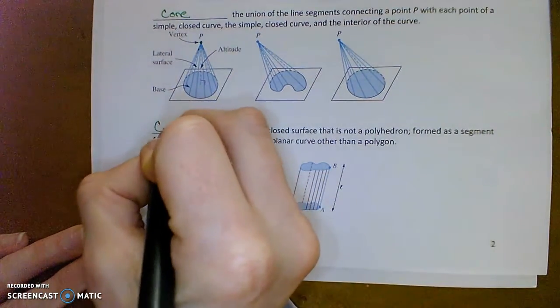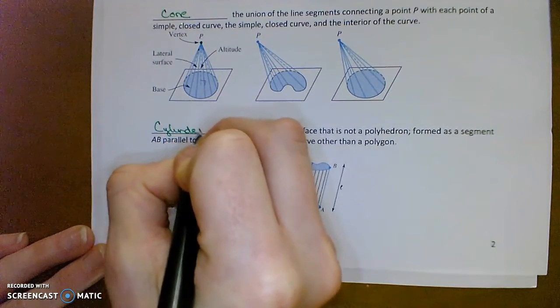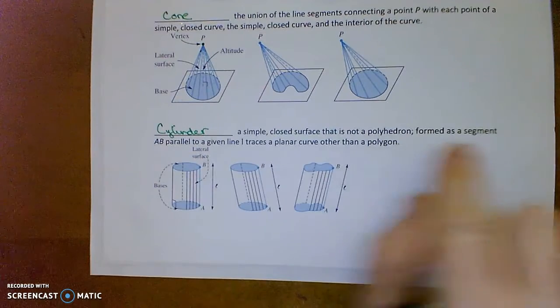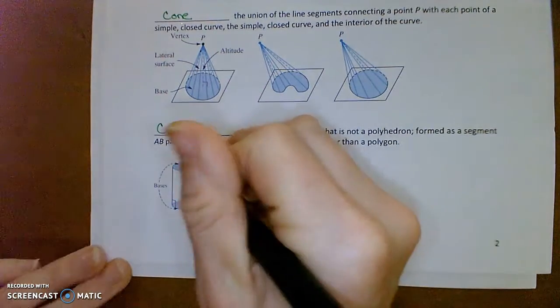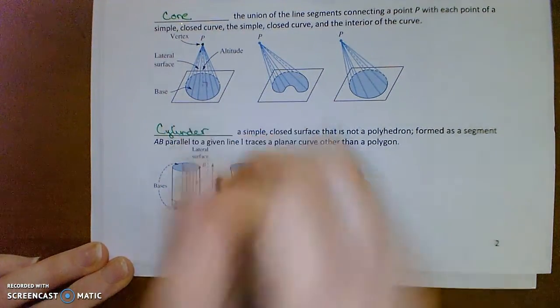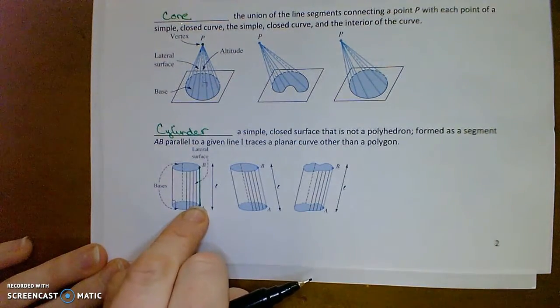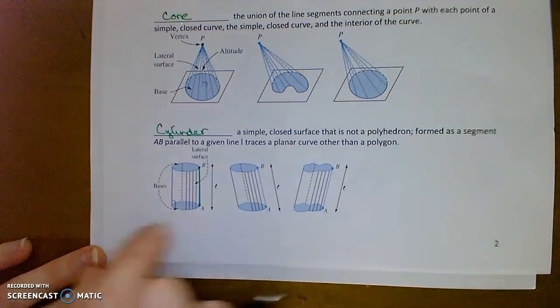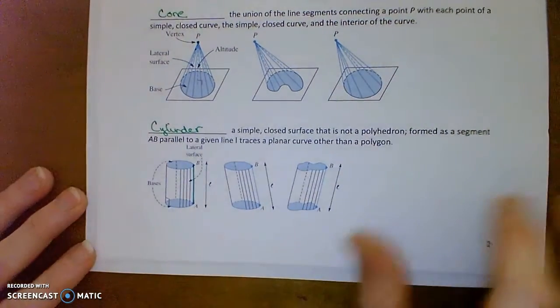So these are called cylinders. So a cylinder is a simple closed surface. It's not a polyhedron. It's formed as a segment AB, parallel to a given line, traces a planar curve, something other than a polygon, so some circle or some other curved shape.